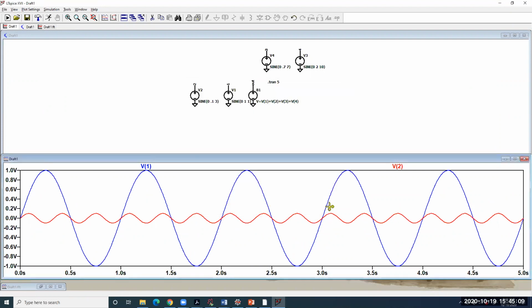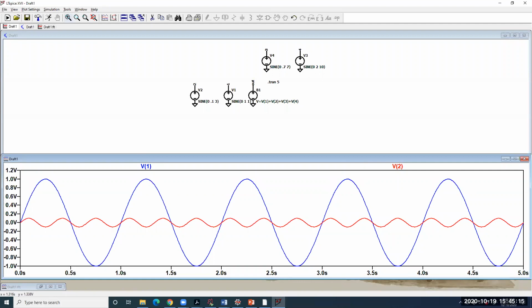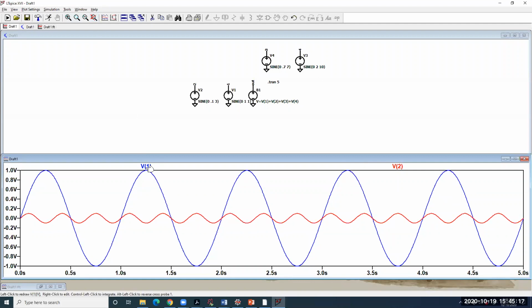That's a 1 hertz sine wave. I can use LTSpice to find the average by control left clicking on the signal in question. And it's giving me the average is 0. Nanovolts is effectively 0. And it's giving me the RMS, which is what I would expect.